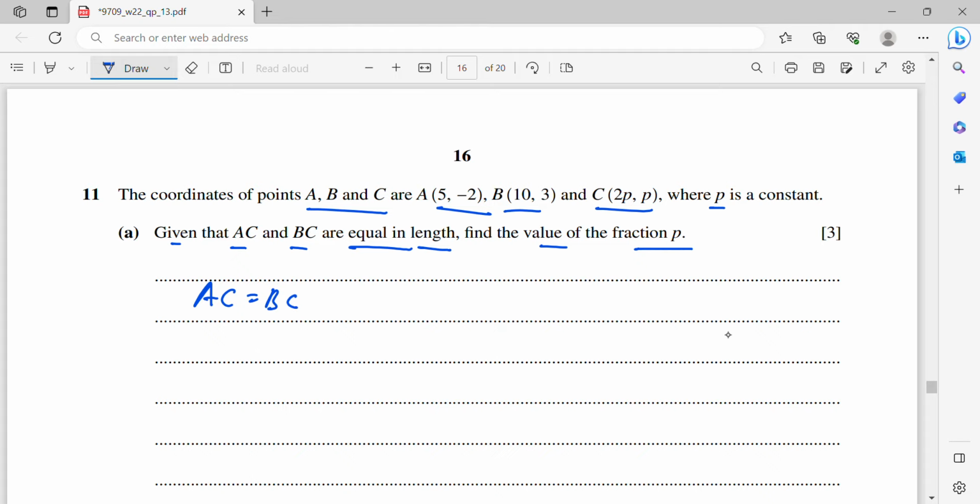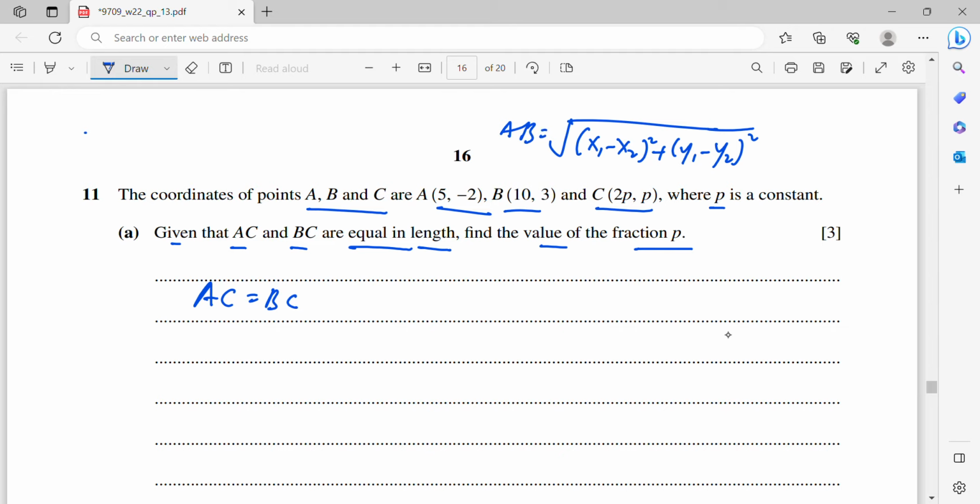So the length formula, right? The length formula is basically square root of (x1 minus x2) squared plus (y1 minus y2) squared. This is the length formula. Let's say this is AB.